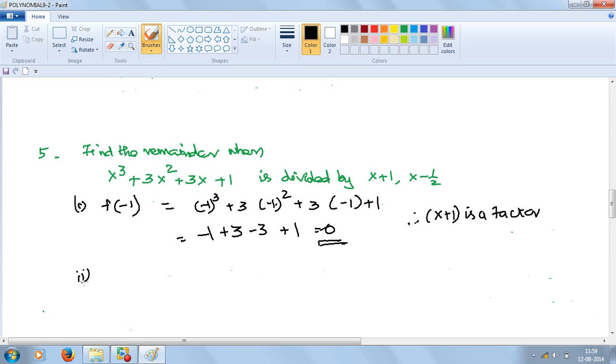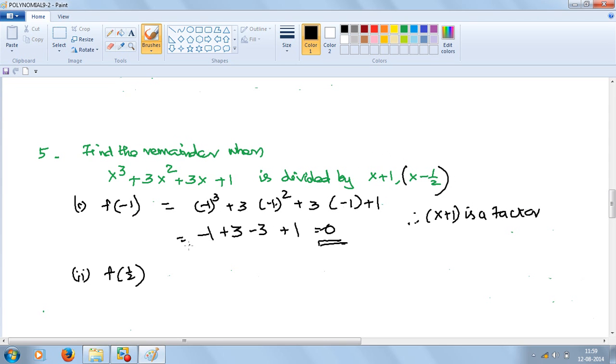Next portion, f of half. So this should be taken as x minus a. This also is x minus half.